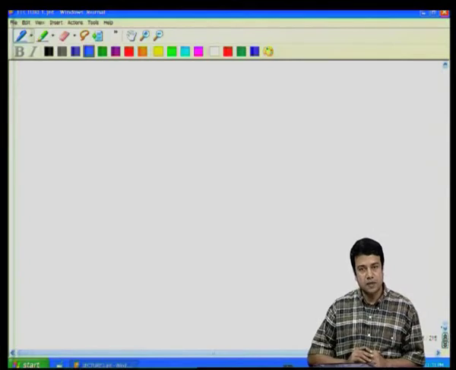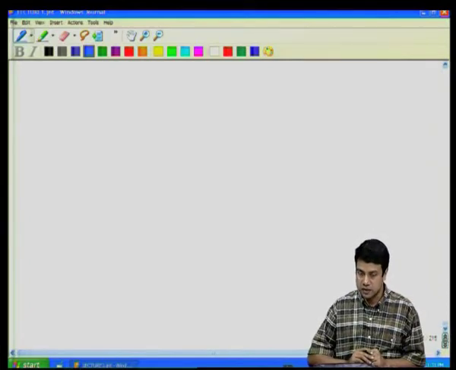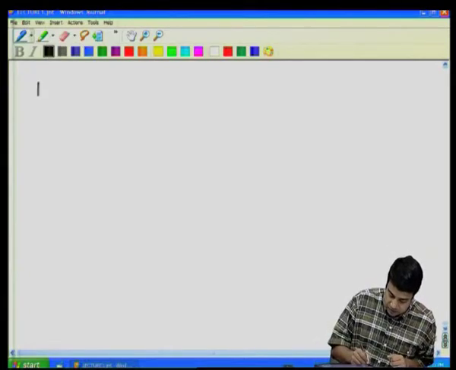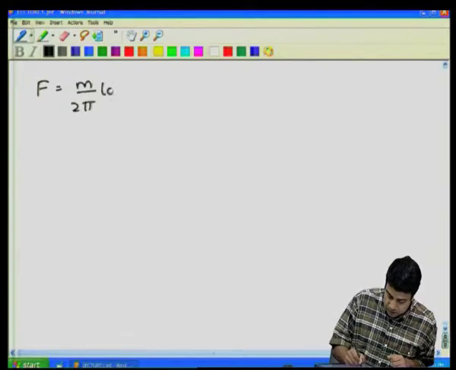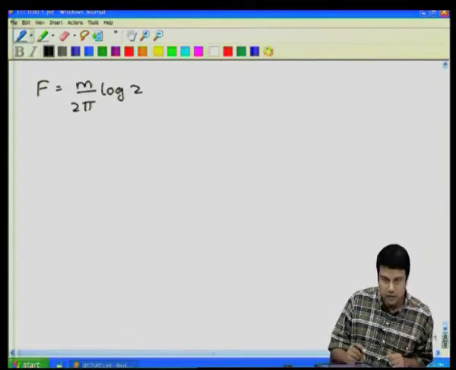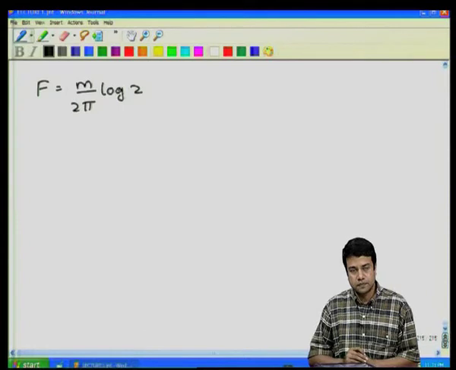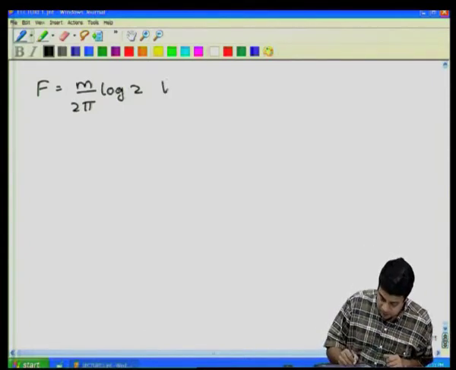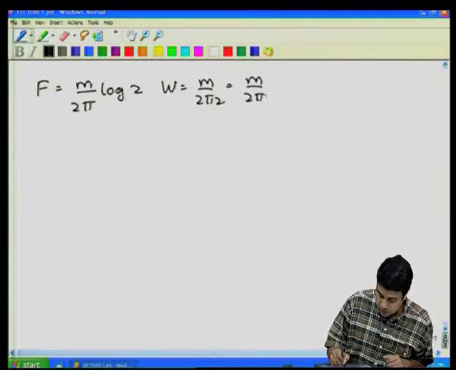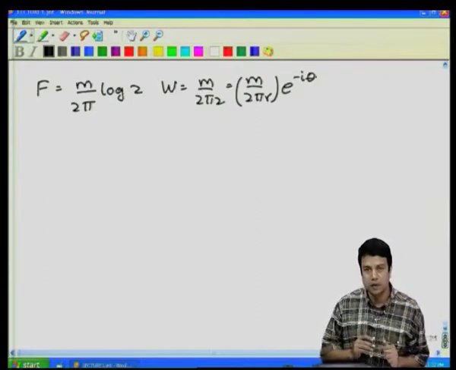Now, after considering simple powers, the next thing to consider is a logarithmic function. So, f is equal to m by 2 pi log z. Therefore, the complex velocity w is equal to m by 2 pi z, which is m by 2 pi r into e power minus i theta.